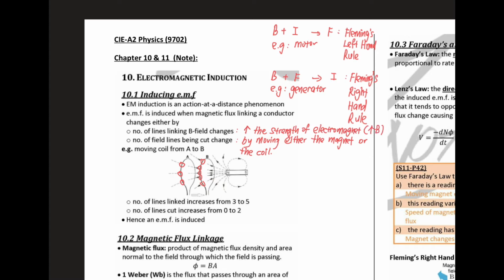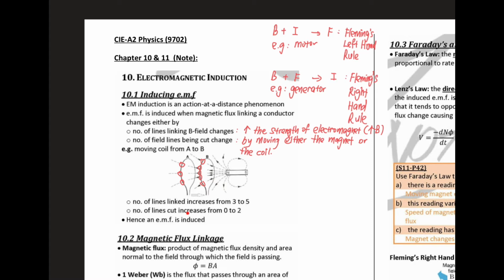Okay, so now for example, moving a coil from A to B. This one we discussed right there. So we look at the statement here. Number of lines linked increases from 3 to 5. So the lines that link to the permanent magnet increase from 3 to 5. So you see 1, 2, 3. Now it's 5 already when you bring it nearer.